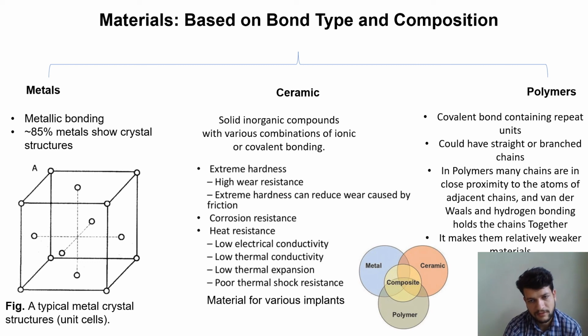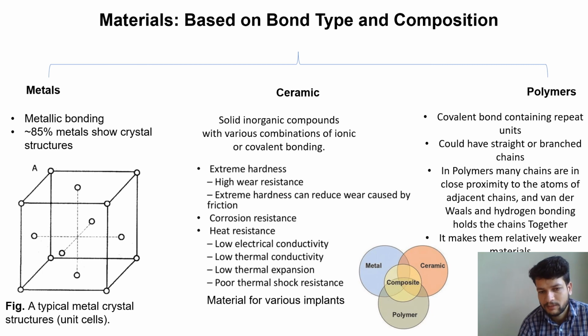Because of this, these polymers are comparatively weaker materials as compared to ceramics and metals. These polymers have also been used in biomaterial science and tissue engineering applications for the delivery of different bioactive molecules and drugs in the physiological condition.